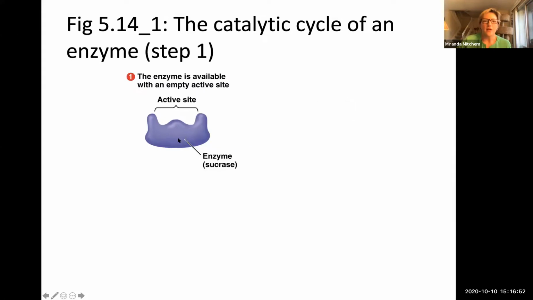So we're looking at our enzyme, and this part here is the active site. And this is an enzyme called sucrase. The ending ase tells us it's an enzyme that acts on sucrose. Many enzymes do have the ending ase. Not all, but many. So if you see it, please think enzyme.